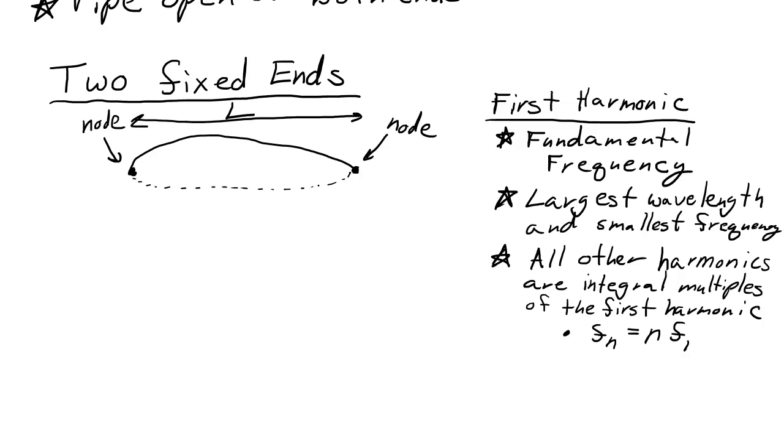The wavelength of the first harmonic, shown here, is equal to 2 times the length of the string that's strung between the two nodes at the fixed ends. The second harmonic is the next possible frequency for us to establish a standing wave between these two fixed ends. And so the next biggest wave that I can add is if I add another node in the middle here.